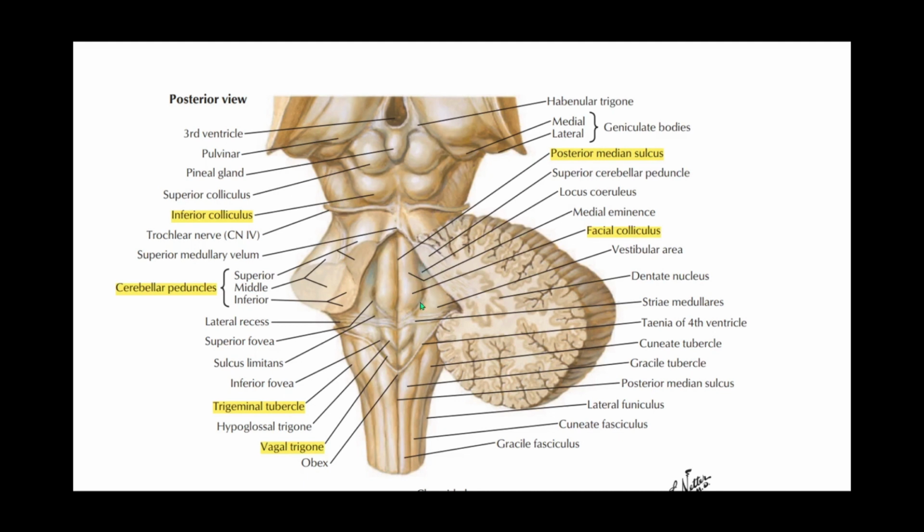And then this is the rhomboid fossa, which is the floor of the fourth ventricle. In this rhomboid fossa, we can see the posterior median sulcus. This is the pons, the posterior surface of the pons. We can see the posterior median sulcus, and this is the medial eminence.